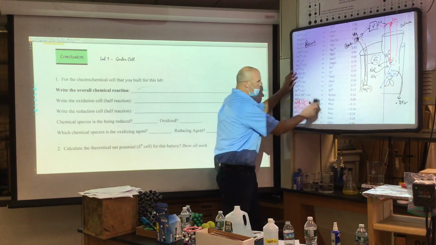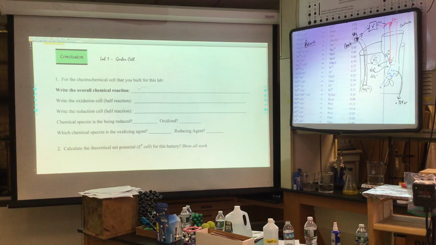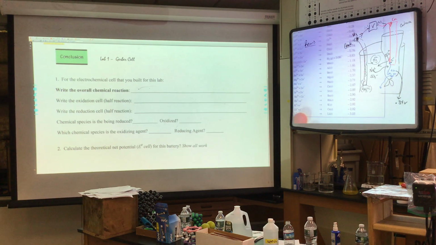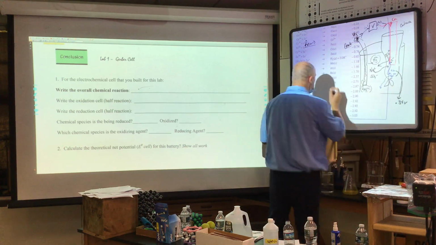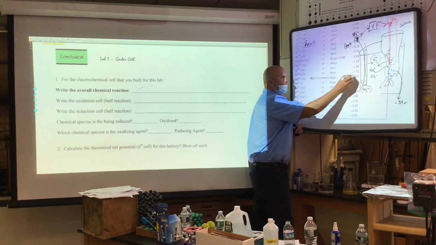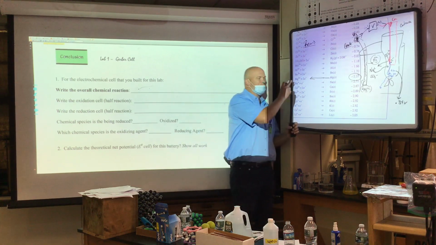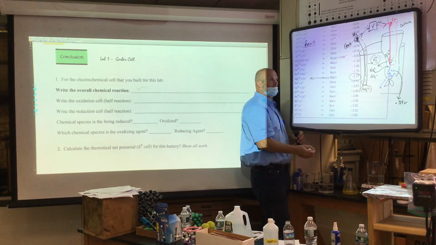I've got to go find the magnesium. Well, gotta go down a little lower here. Okay, I find my magnesium. I know it's a reactive metal, and I know magnesium's oxidizing, so I'm looking in this direction. It's negative 2.37 for magnesium ions reducing, but it's positive 2.37 for it oxidizing.